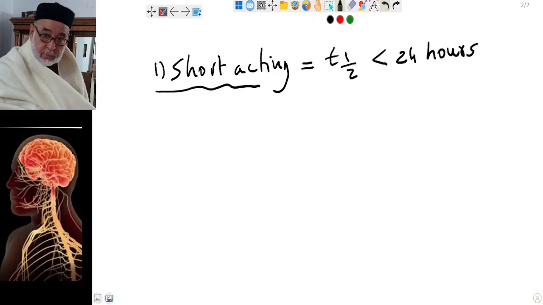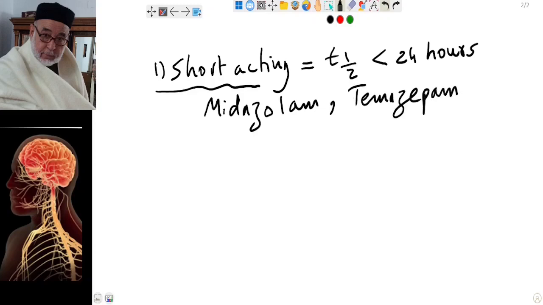There are many important examples in this group. I will mention just the most important and most famous because of the large number available in the market nowadays. So there is midazolam, temazepam, triazolam, very famous, and alprazolam.